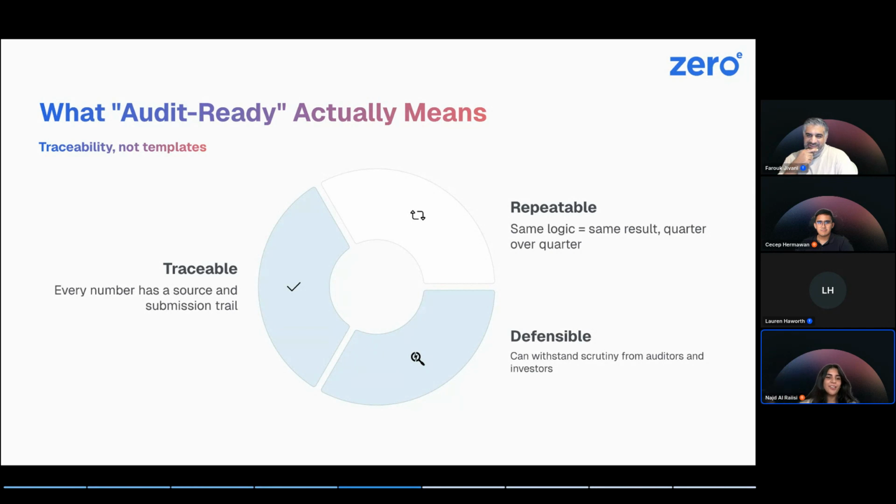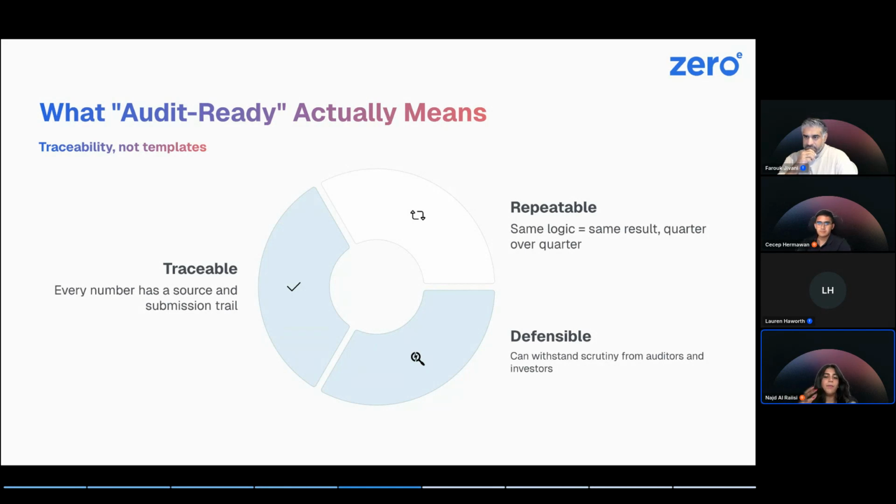that it looks presentable, that it's a nice looking report or a nice looking spreadsheet. But in actuality, in order for it to pass that check, it needs to be verified, it needs to be traceable, and you need to be able to go down to the source of information.